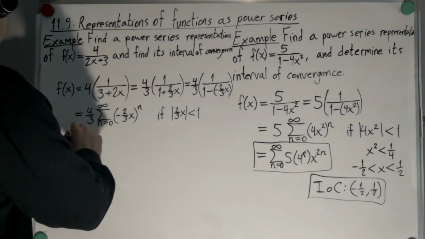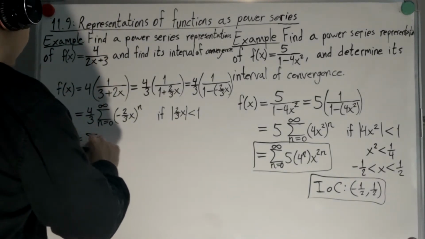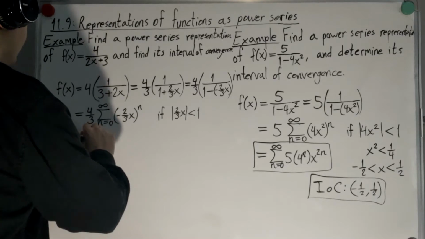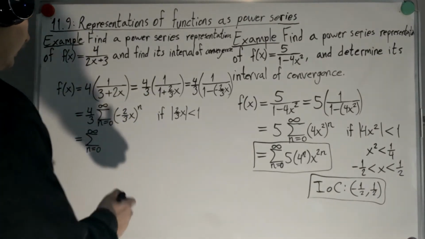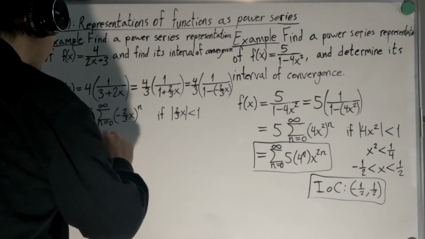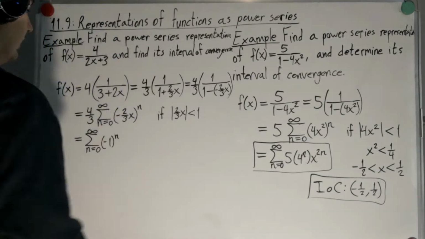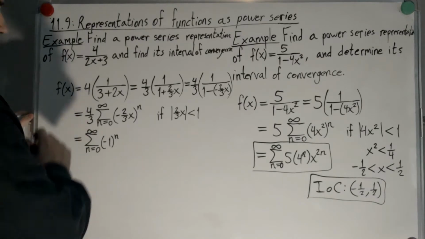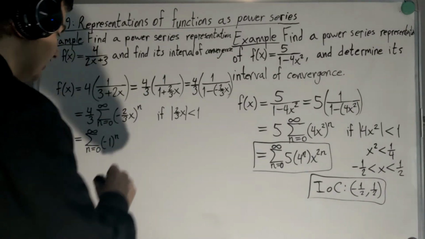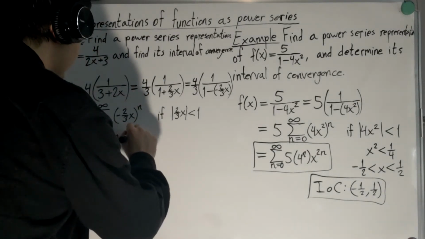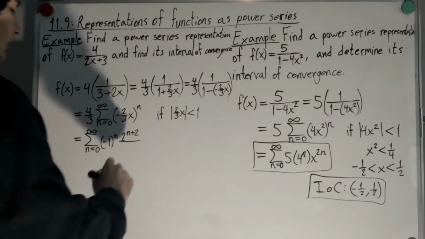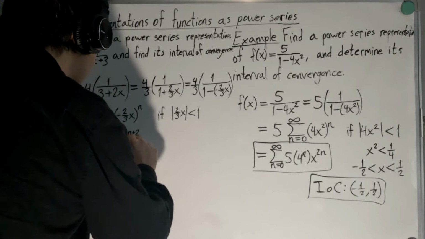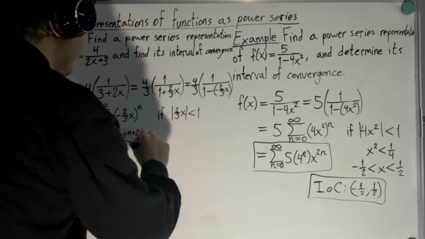This is the same thing as the sum from n equals 0 to infinity of, well, I suppose we can write this like negative 1 to the n, and then we have 2 to the n times 4. Well, 4 is just 2 squared, so this is 2 to the n plus 2. And then we have 3 to the n times 3, so that makes 3 to the n plus 1. And then x to the n.